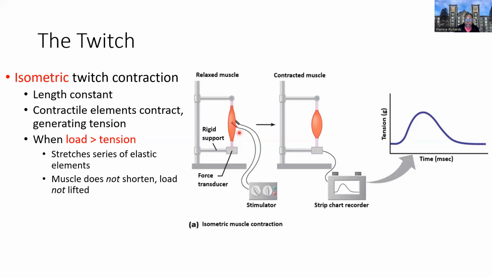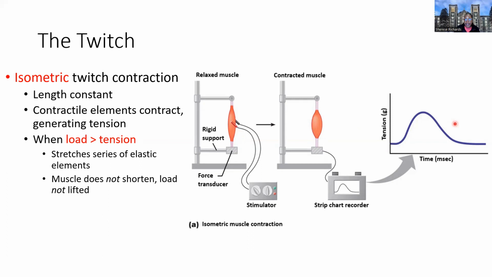So the contractile elements are contracting, but they're not shortening. They're generating tension, but the length of the muscle fiber is not changing. What does change is the stretch that's happening, the elasticity that is being stretched of the tendons that are attaching the muscle to the bone. But the muscle itself does not shorten, and the load itself is never lifted.